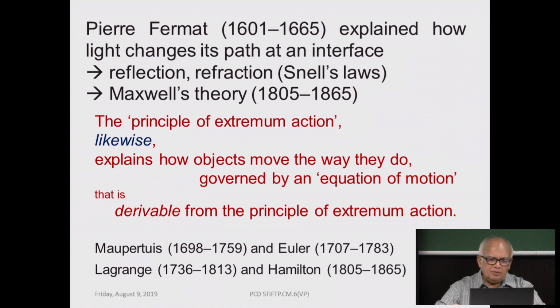So there were other contributors to the development of this field. Maupertuis and Euler made very significant contributions. I will mention the Euler Lagrange equations a little bit later, and of course Hamilton as well.